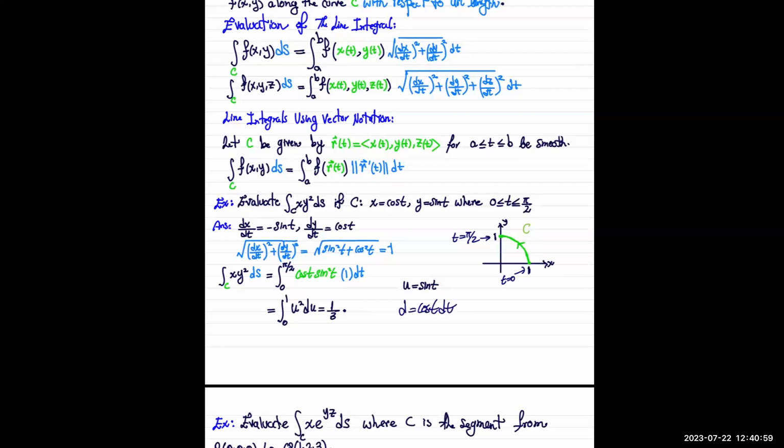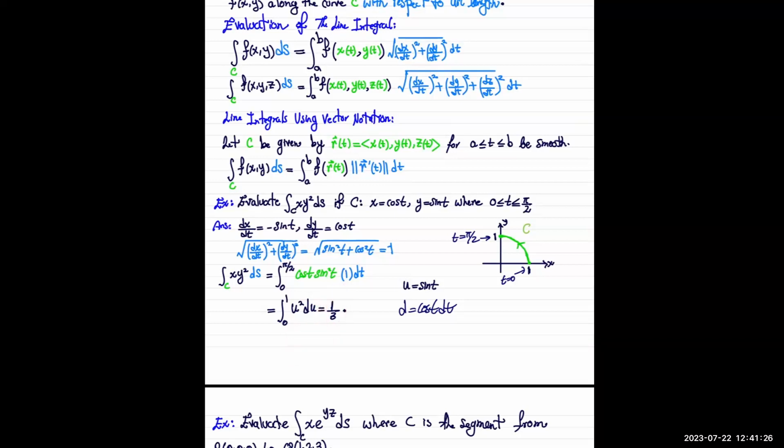We do have cosine t dt here, and we can change these limits. Plug 0 for t, sine of 0 is 0. Pi over 2 for t, sine of pi over 2 is 1. And that integral is going to be 1/3 u cubed from 0 to 1, which is equal to 1/3.